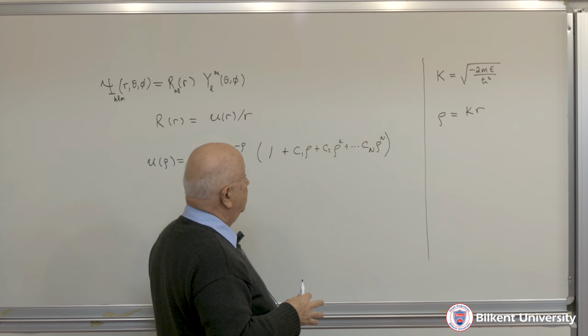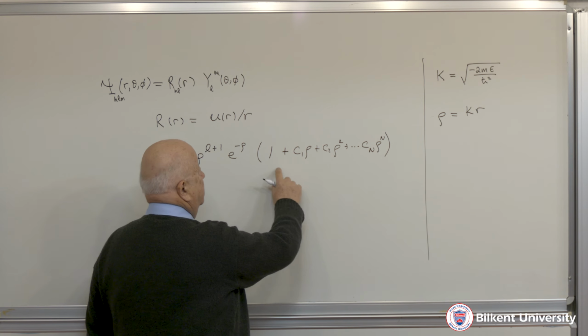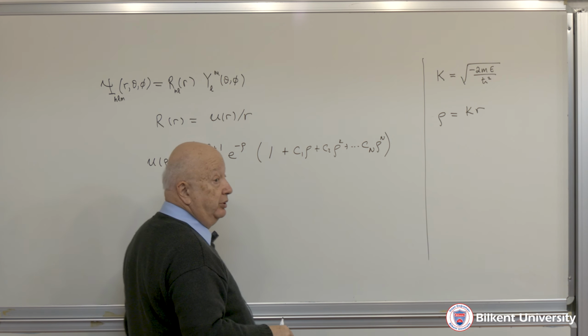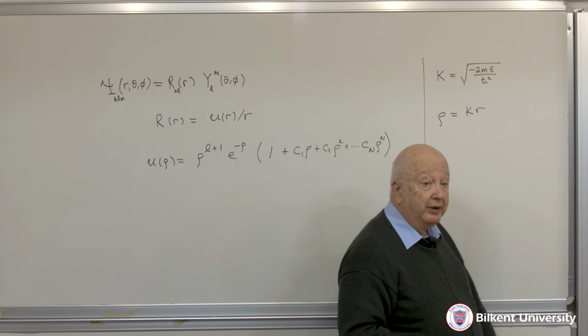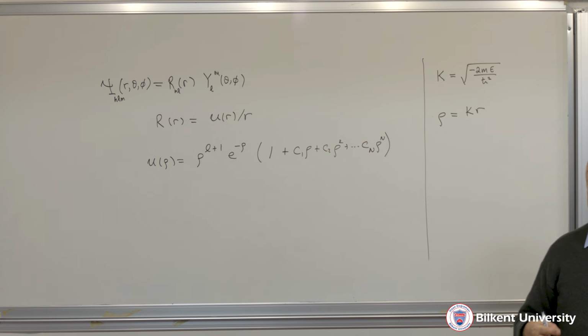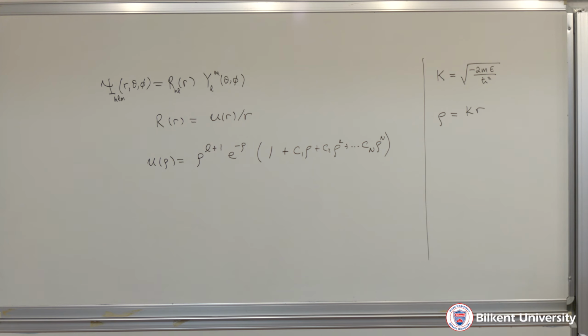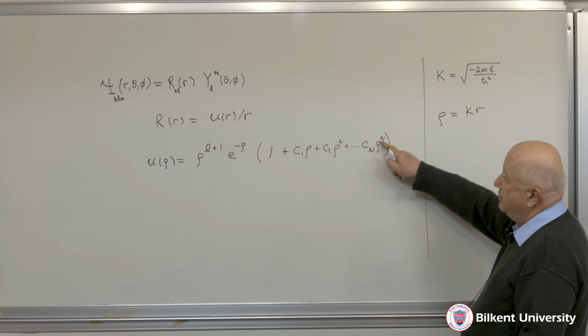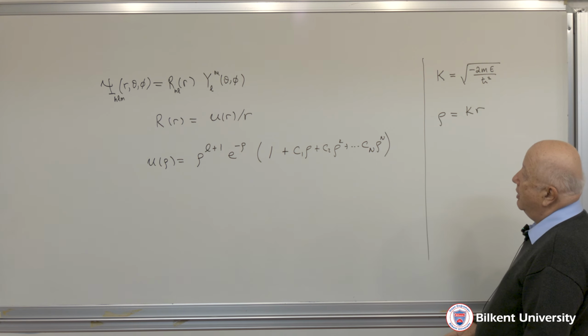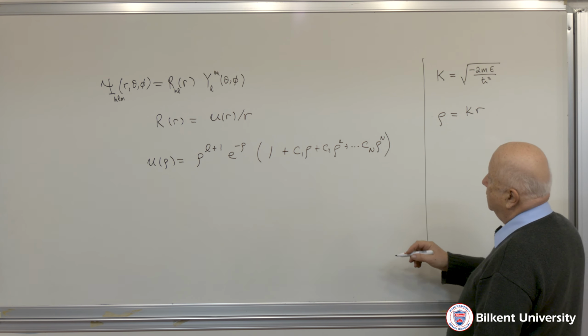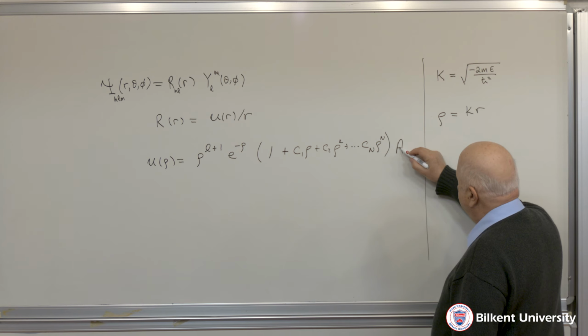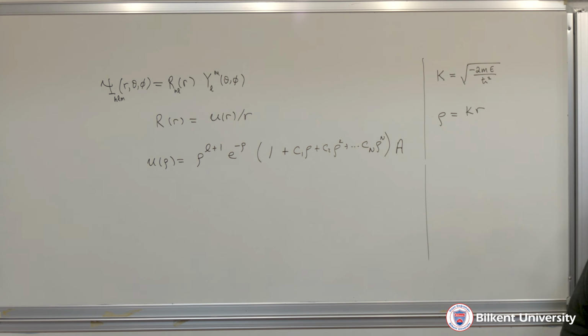Remember, if you don't put that cutoff in, then this series becomes proportional to e to the plus 2 rho, which is something I don't want, so I truncate it at a certain point. Obviously this N can be 0, in which case I will just get 1. To have this normalized, I also need a constant in general. So this is the general form of u of rho that we found.